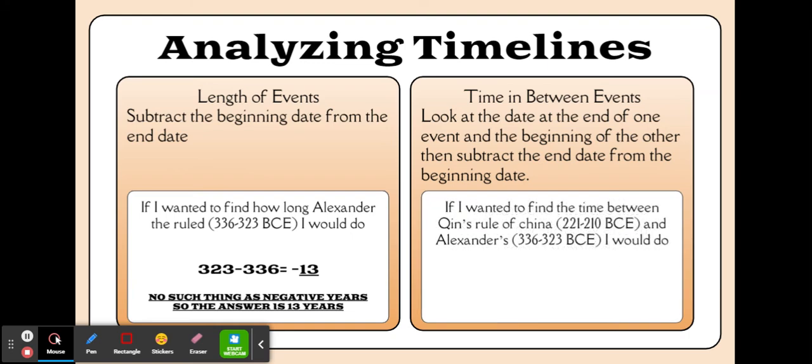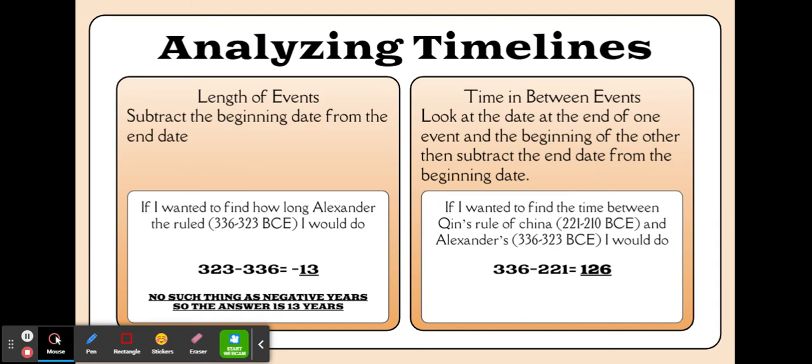Let's look at an example with a large period of time. If I want to figure out when Emperor Qin ruled versus when Alexander the Great ruled, I take the start date of Alexander's and the end date of Emperor Qin's. So I get this equation, 336, because that's the beginning date, and then I'm subtracting the end date from the beginning date.